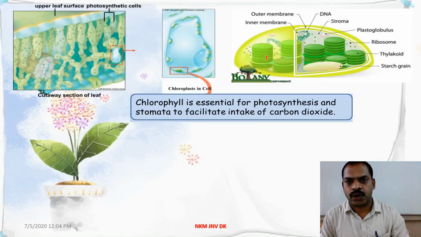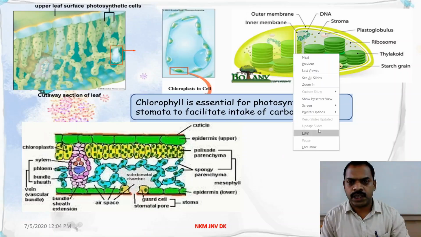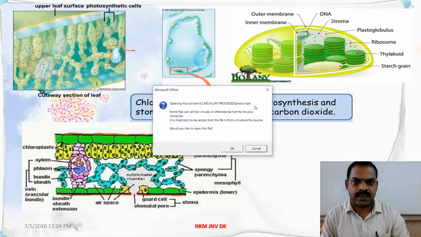You can see in the cross section of leaves, at the bottom of the leaves there are stomata openings for the intake of gases. So let us see a small video about photosynthesis.